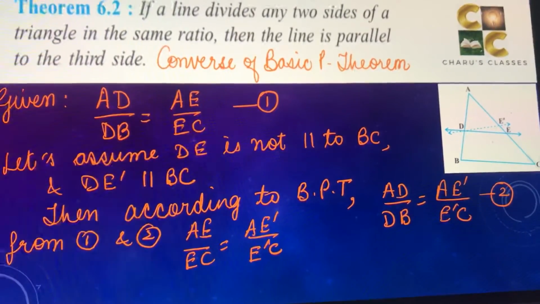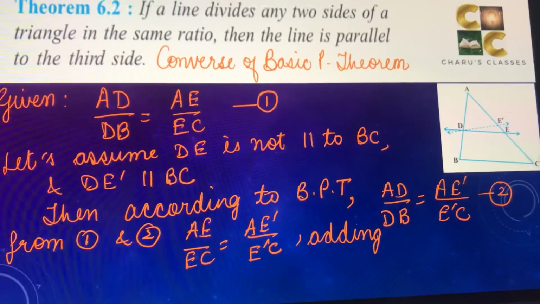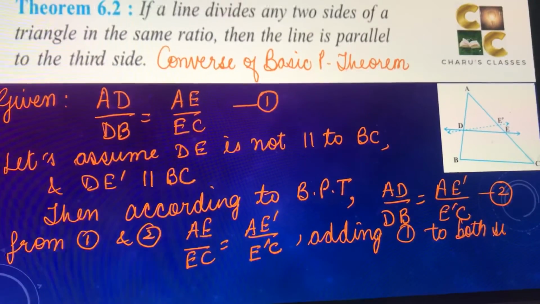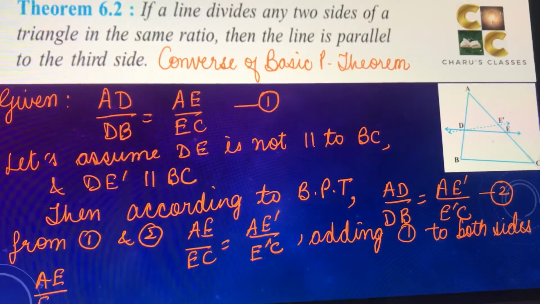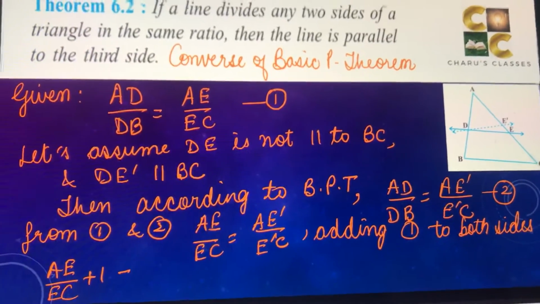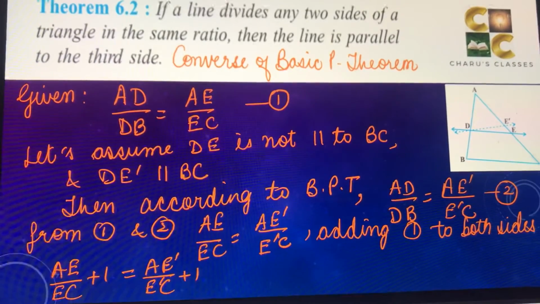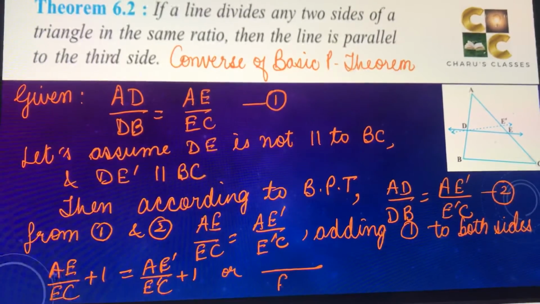Now we are going to add 1 to both sides. Then AE by EC plus 1 should be equal to AE dash by E dash C plus 1. और यहाँ पे हम common denominator ले लेंगे.